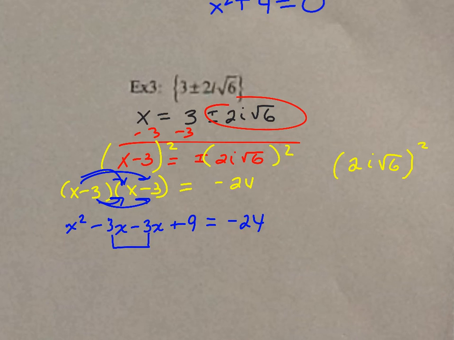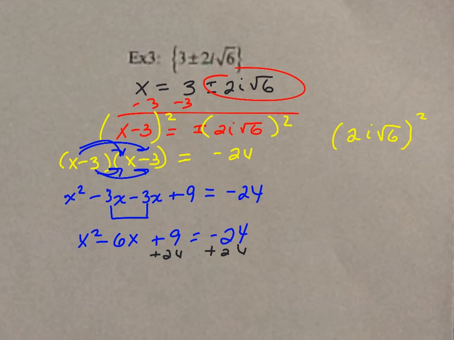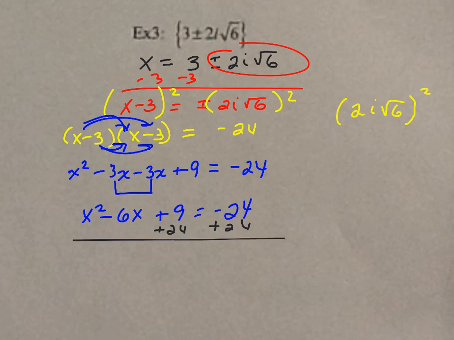Clean up the middle here. x squared minus 6x plus 9 equals negative 24. And then we want it to equal 0, so we just add 24 to both sides. So when I add 24 to both sides, I get x squared minus 6x plus 33 equals 0.